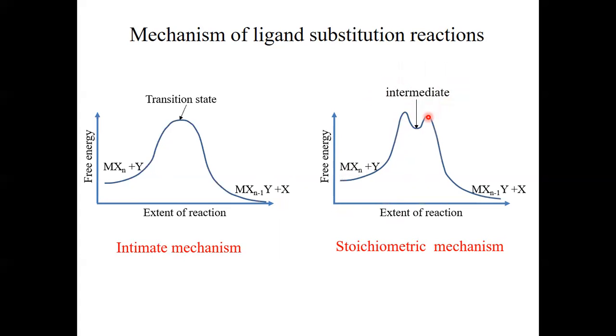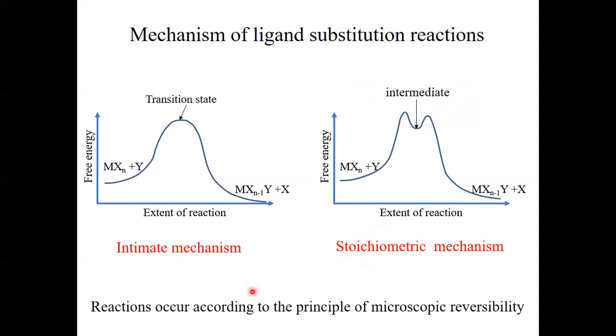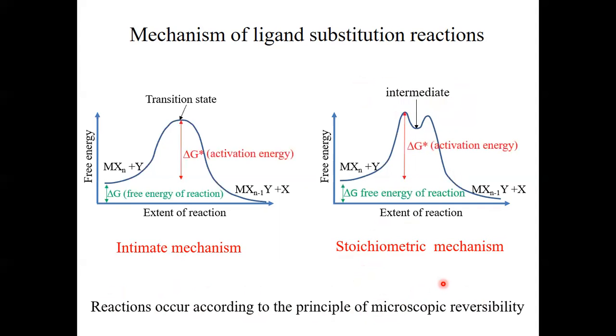Okay, then there are several possibilities how we can realize a stoichiometric mechanism. Yeah. So the reactions occur according to the principle of microscopic reversibility. That means that the reverse reaction follows the same reaction coordinate as the forward reaction. Just to add that.